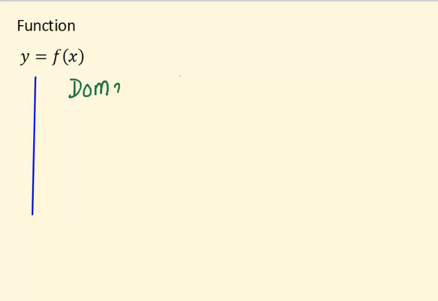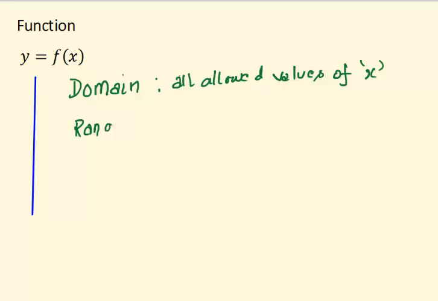One is called domain, which is just all allowed values of x in here, or all allowed values of the independent variable. Another definition is for range. Range of this function is just all the values of y that you obtain by putting all values of x. So all values of y constitute the range of the function.